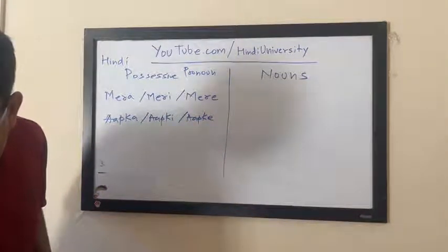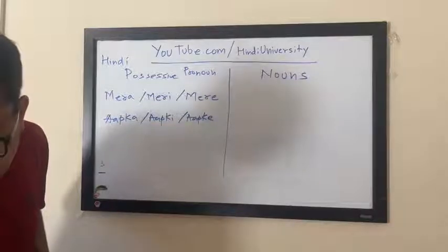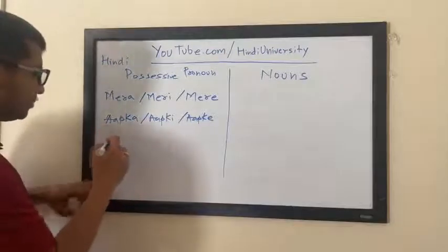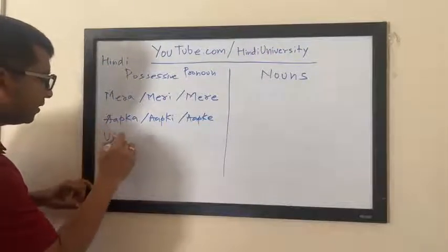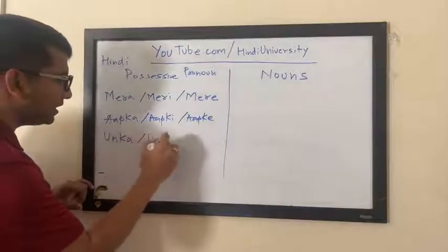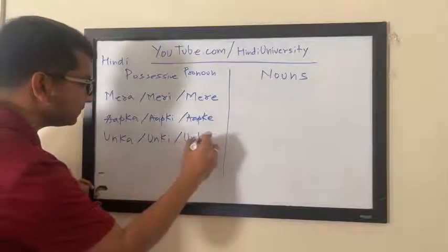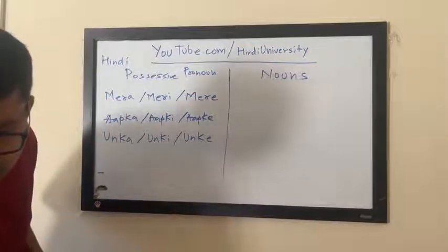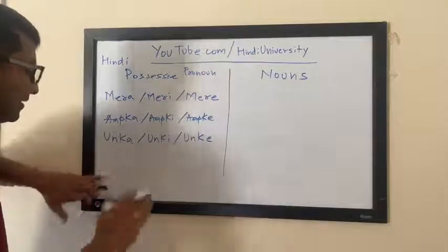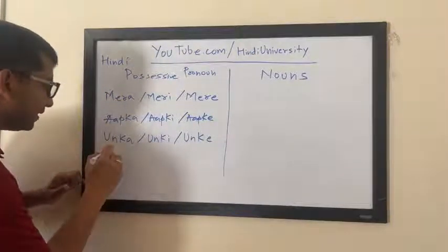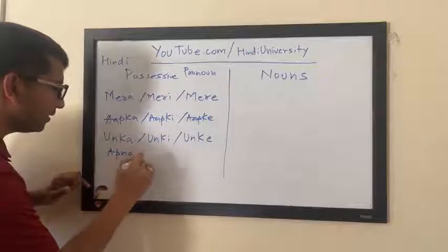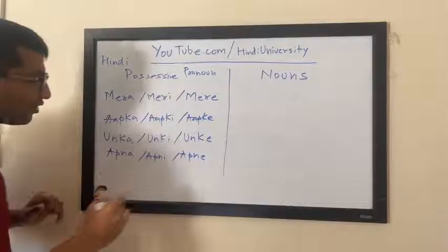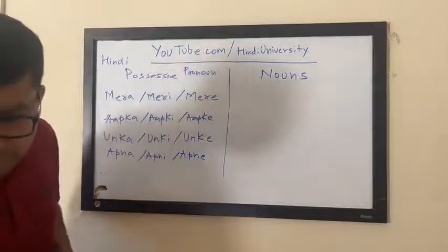And similarly I have unka, unki, unke. Keep them coming, this is great. You have apna, apni, and apne. Great, I'm going to write that as well. There are a lot of them, but as you can tell, the structure is more or less the same.